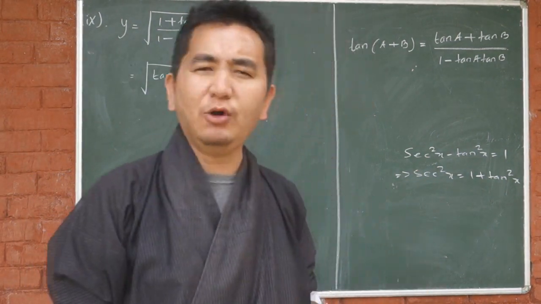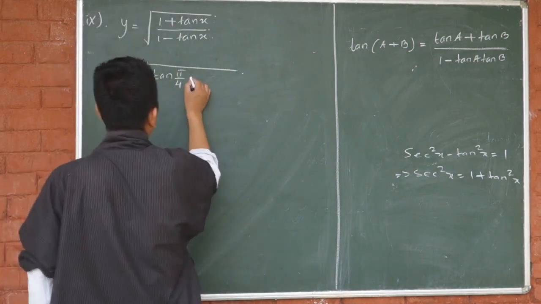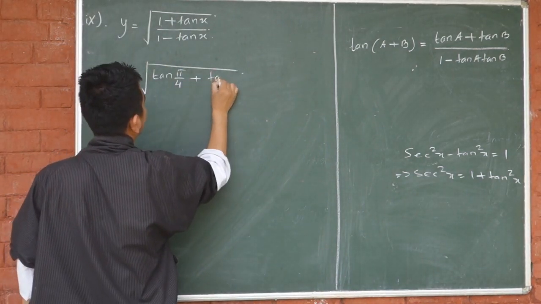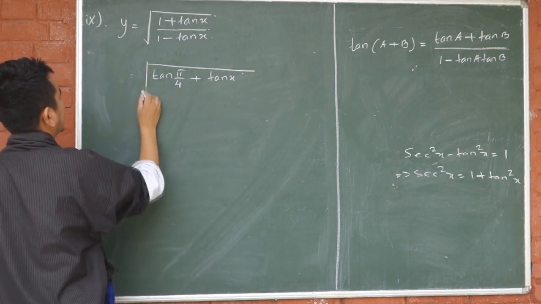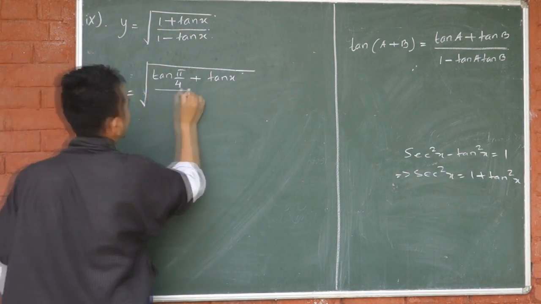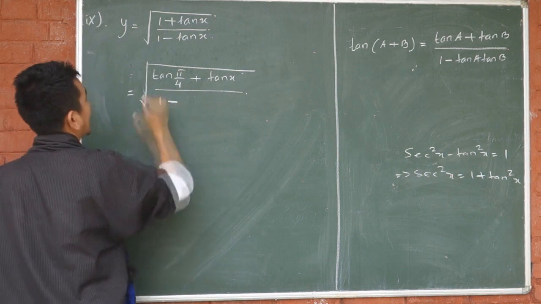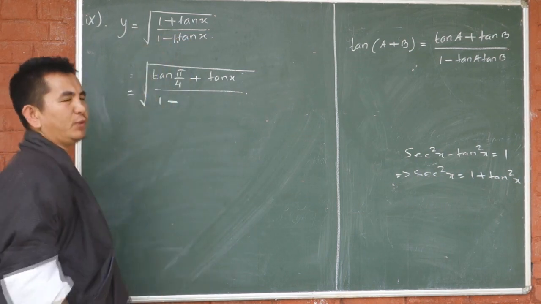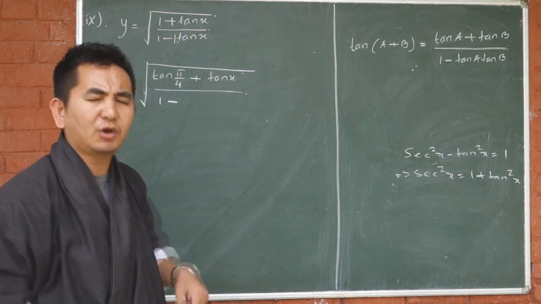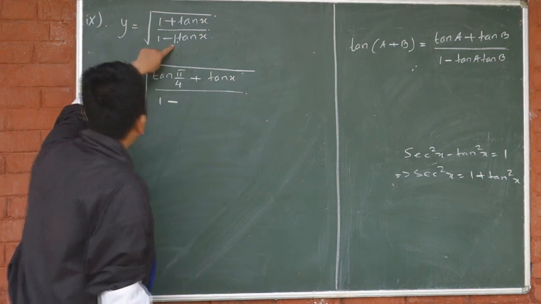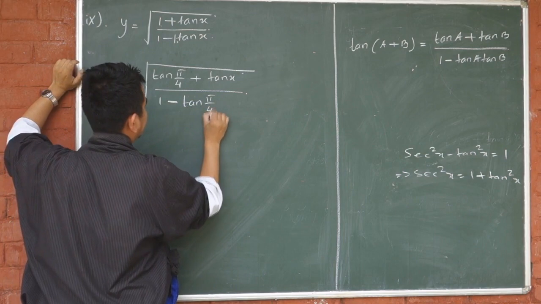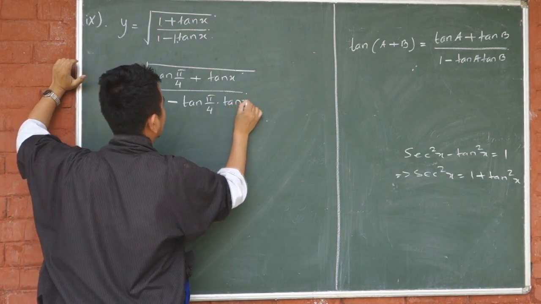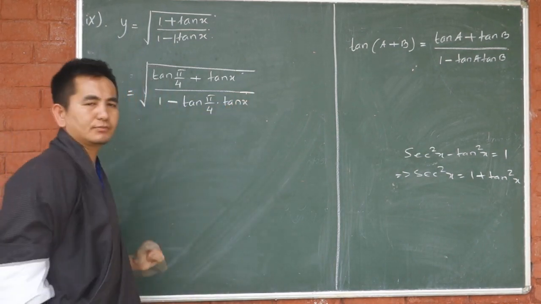What's the tan 45 value? 1, isn't it? So tan pi by 4 plus tan x divided by 1 minus. You know we have here 1, but we never write that 1. 1 into tan x is equivalent to tan x. In place of this 1, I can write tan pi by 4 times tan x.